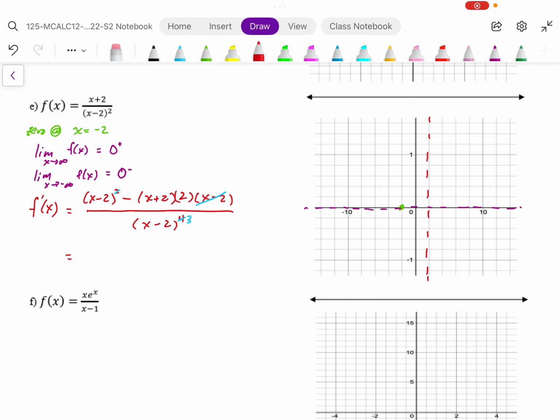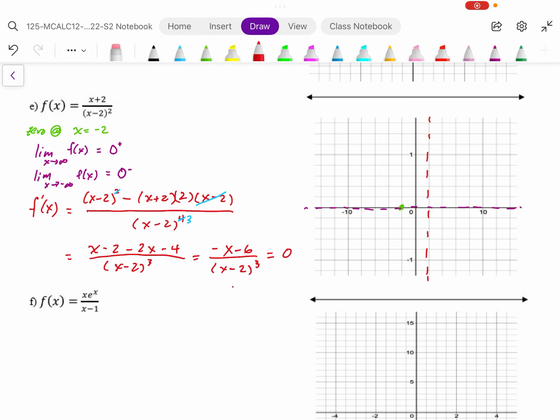So this is going to be much easier. The numerator becomes x minus 2 minus 2x minus 4, all over (x minus 2) to the power of 3. And that simplifies to negative x minus 6 all over (x minus 2) to the power of 3.